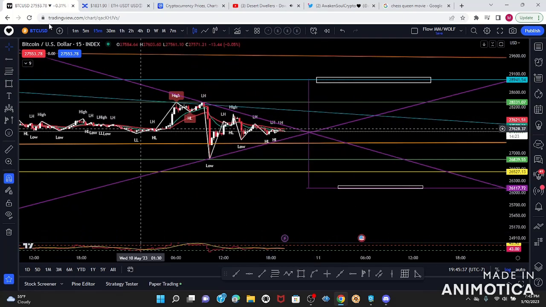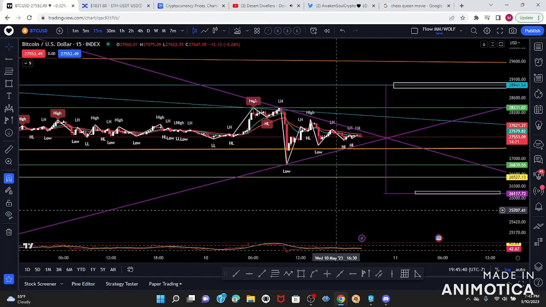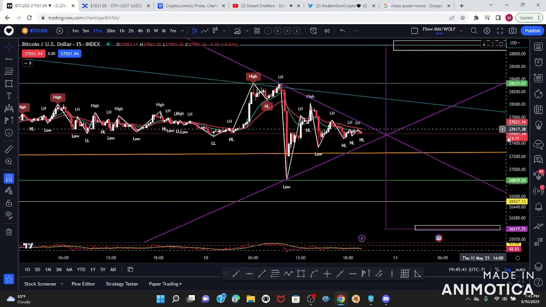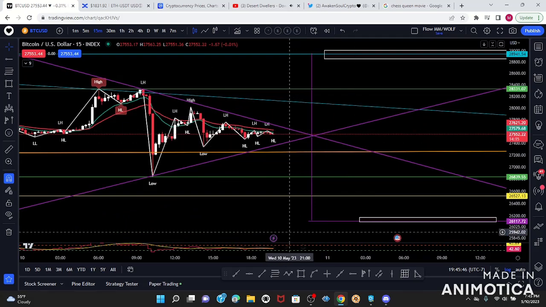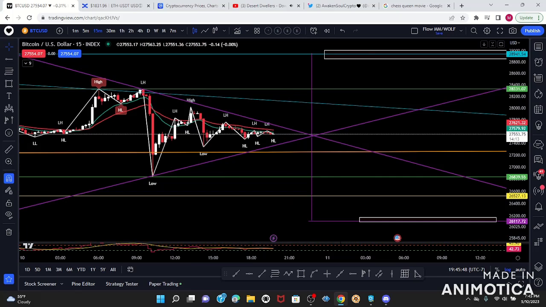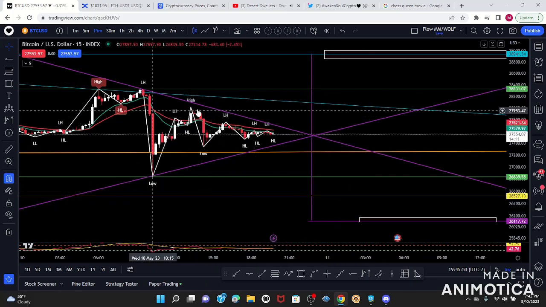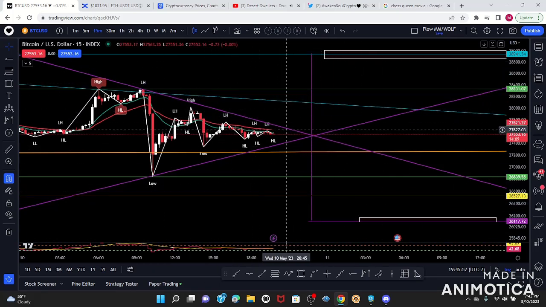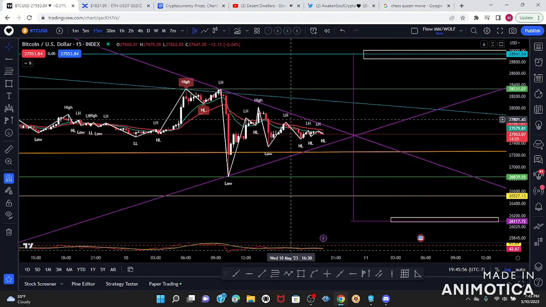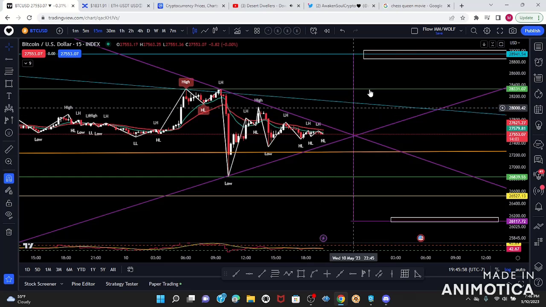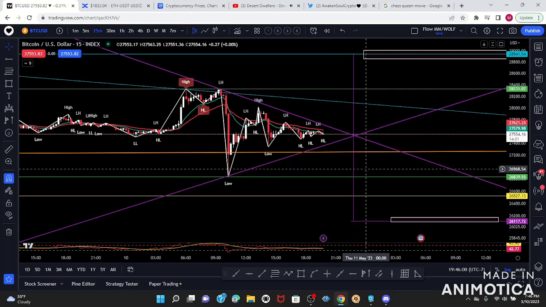Okay, so let's set a range, right? When you're gonna take a trade here, you want to set a range. My confirmations to take a trade, I want to see the 12 and 26 EMAs cross, meaning if it's a downtrend, I want to make sure that 26 is above the 12. And if we're going to go bullish, I want the 12 to rotate up and the 26 to be on the bottom.